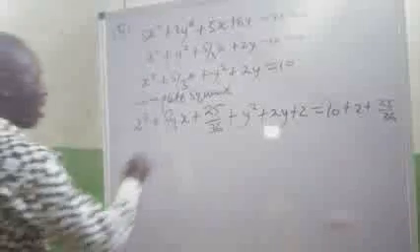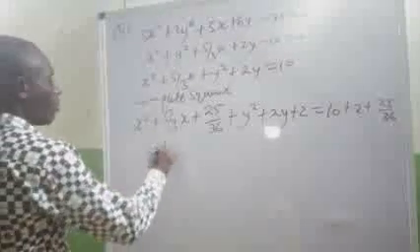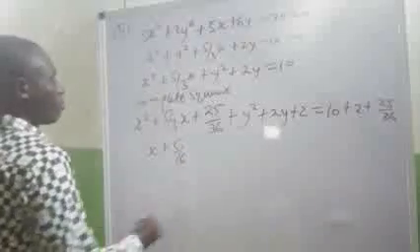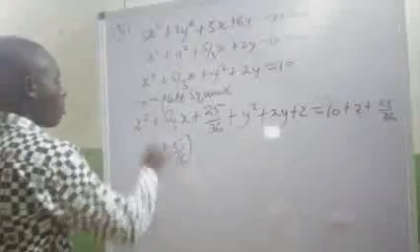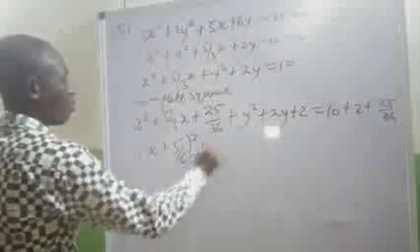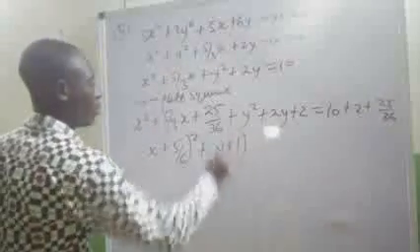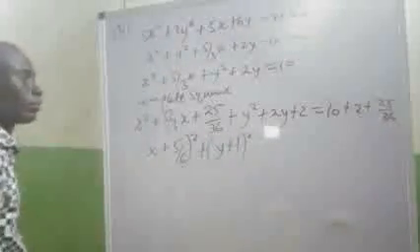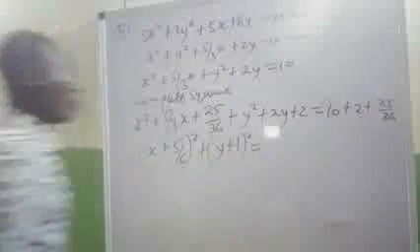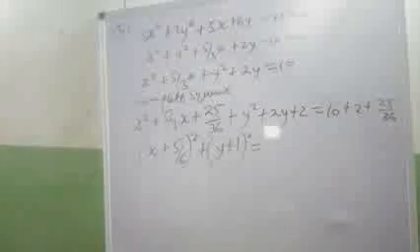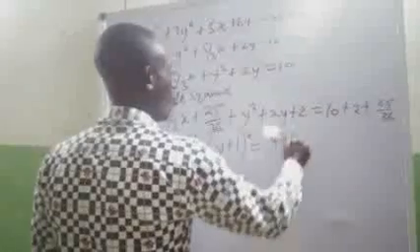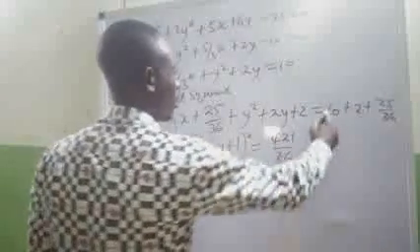So if you factorize this, you have x plus 5 over 6 all squared plus y plus 1 all squared will be equal to, if you solve that effectively, 421 over 36.